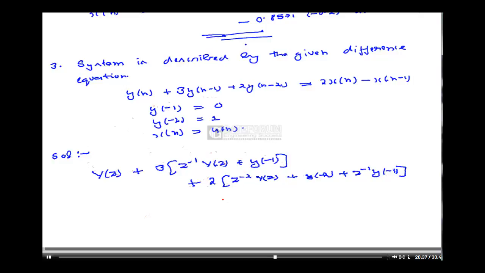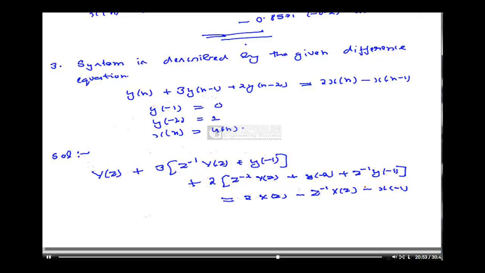Okay. Similarly, on the right hand side, I can convert my x[n minus 1] to X(z): 2 of X(z) minus z inverse X(z) minus x[minus 1].